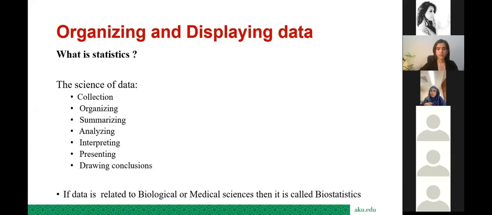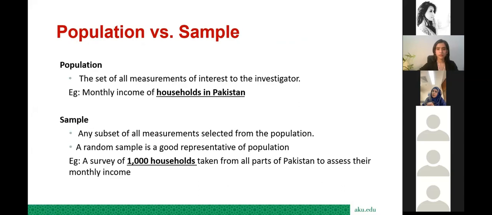Now, if we talk about biological or medical sciences, the data related to any biological or medical sciences is known as biostatistics. When we talk about data collection or extrapolating results to the population, when you're doing research, it is not possible to go out in the field and take everyone's data, right?